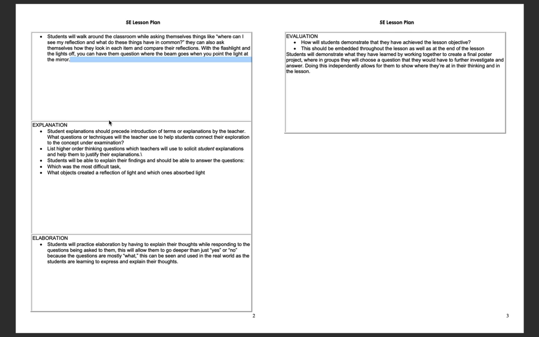For example, if they notice that they are seeing themselves inside of the doorknob, they should be able to see that there is a reflection on the doorknob. And they should also be able to identify what objects created a reflection of light and which ones absorbed light. So they can say that the desk absorbed light while the mirror reflected it.